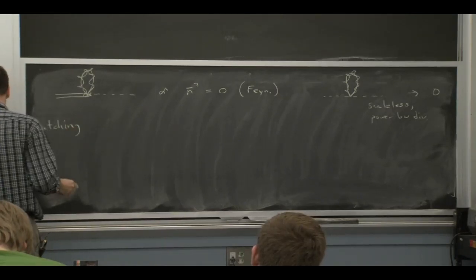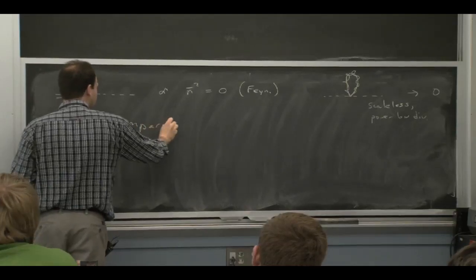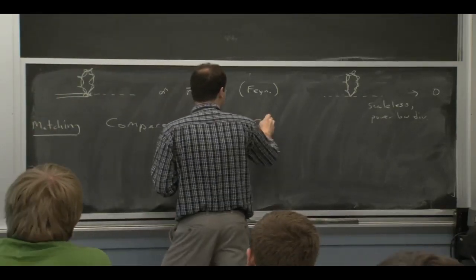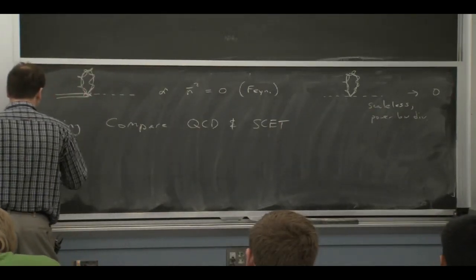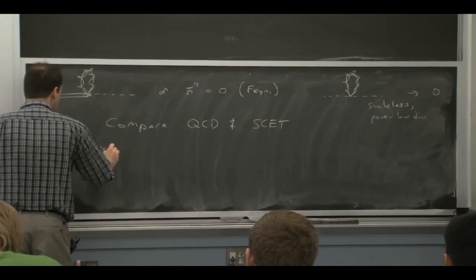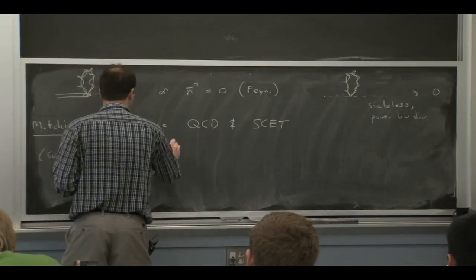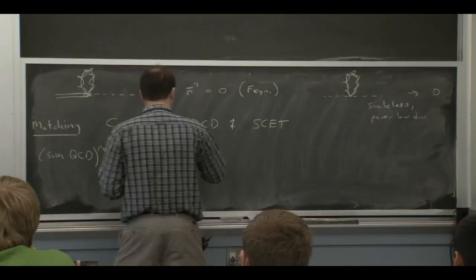Let's think about doing matching, i.e., let's think about comparing QCD and SCET by adding up the diagrams. In QCD, we carried out the renormalization. We added the Z for the tensor current. Let me just write again what the answer looked like.